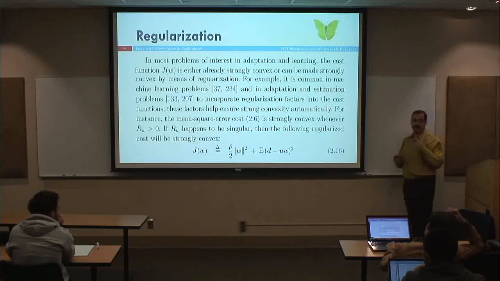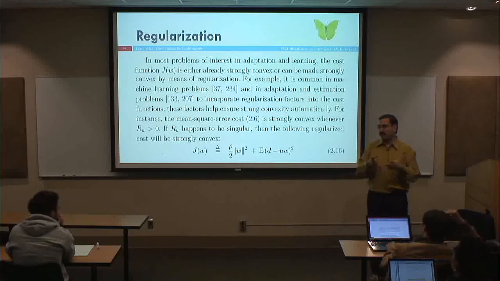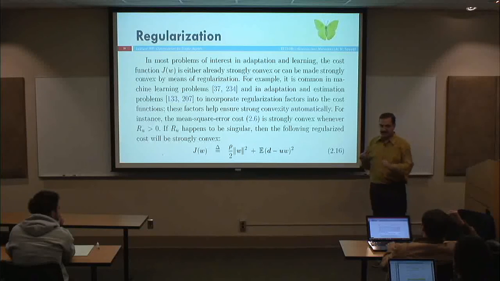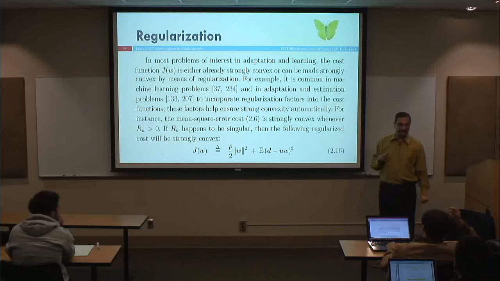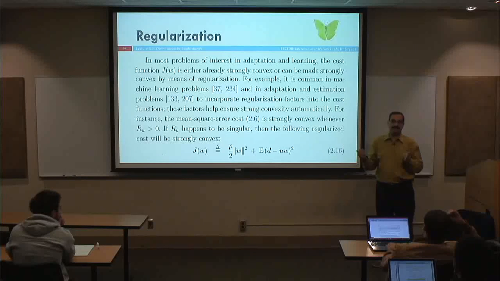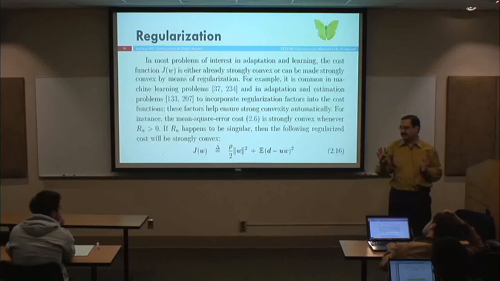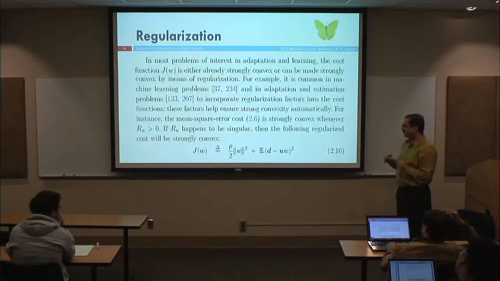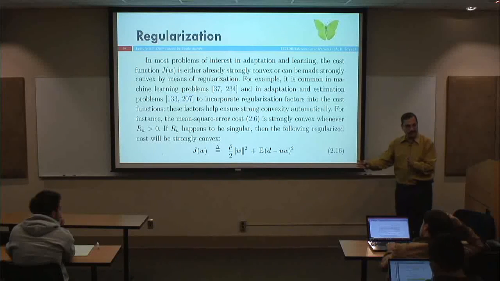Now, how do I ensure strong convexity? It's not always the case that you have strongly convex functions, right? For example, if you go to the logistic risk, remove the regularization term. Remember, I showed you it is rho I plus something non-negative, right? That something in general is non-negative definite. It's not necessarily positive definite, right? Or bounded away from 0 from below.